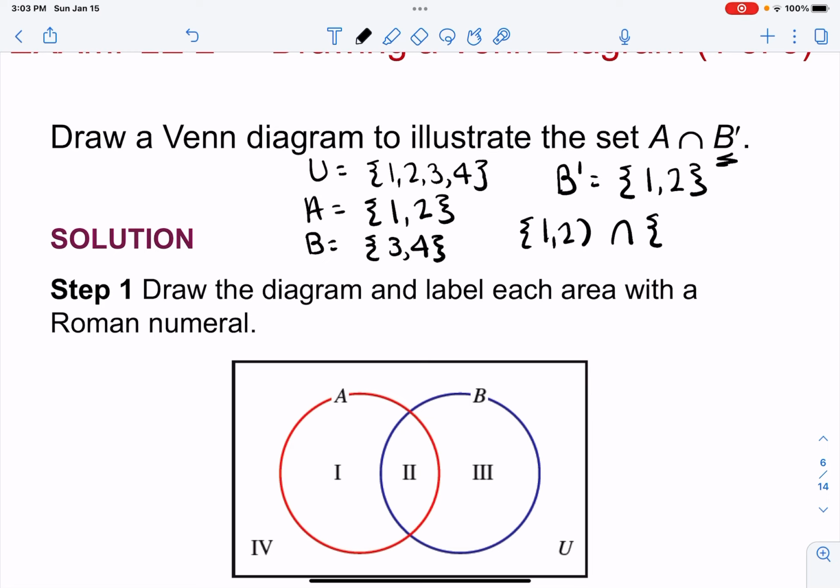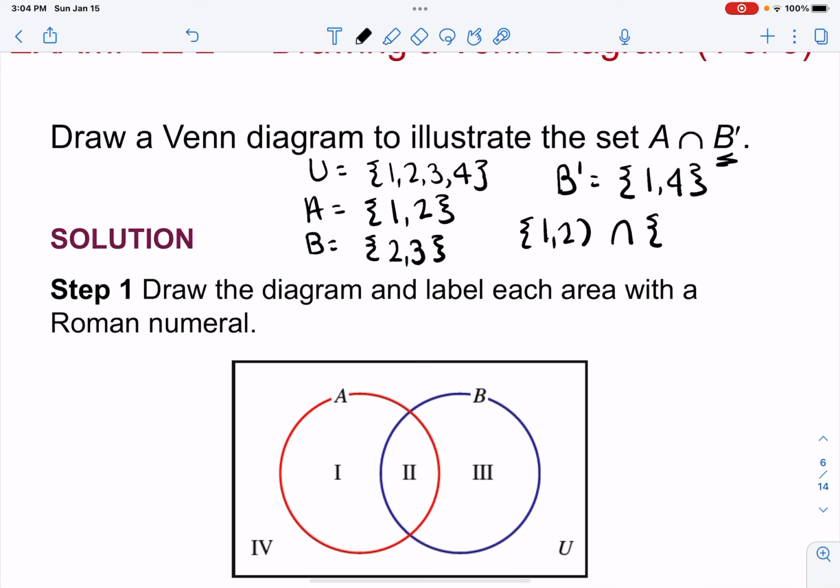Oh, I did that wrong. I'm so sorry. Wait a minute. Okay, back the boat up. I apologize, this isn't right. So B would be 2 and 3. So let me go back up here, and not B would be 1 and 4.